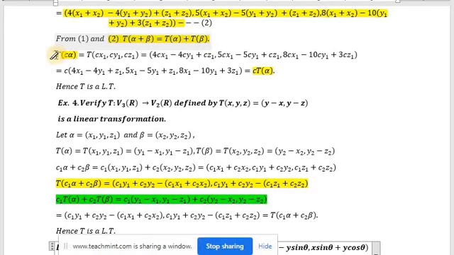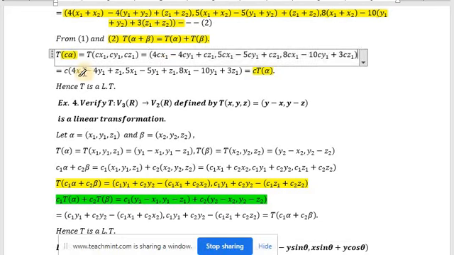Now the other condition, T of C alpha is equal to C into T alpha, also must be satisfied. So for that, consider T of C alpha is equal to T of (Cx1, Cy1, Cz1). By using the given linear transformation, this is expanded as (4cx1 minus 4cy1 plus cz1, 5cx1 minus 5cy1 plus cz1, 8cx1 minus 10cy1 plus 3cz1).